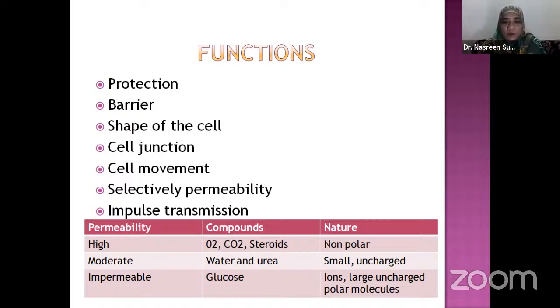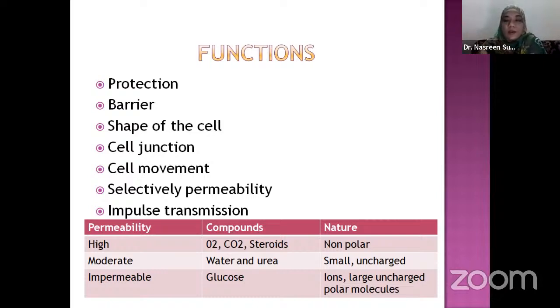In the same way, compounds like oxygen, carbon dioxide, and steroids, which are highly lipophilic in nature, will enter into the cell without any permission. They are non-polar in nature, and they enter into the cell. The cell membrane is highly permeable to these kinds of compounds.